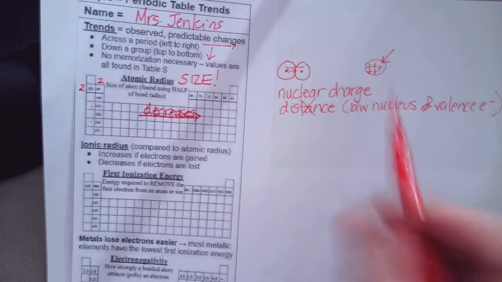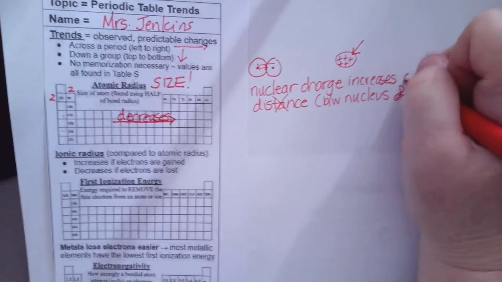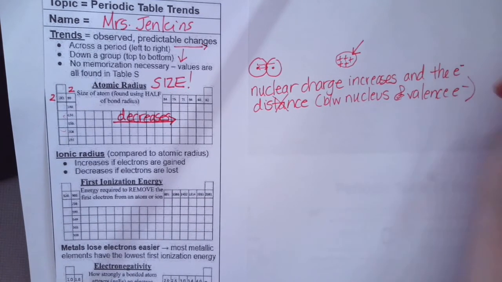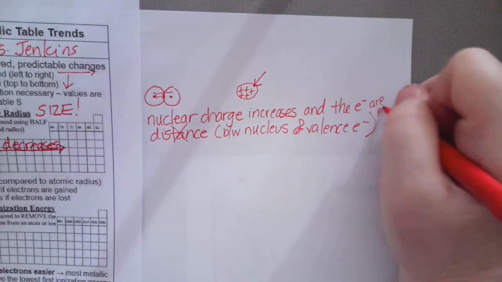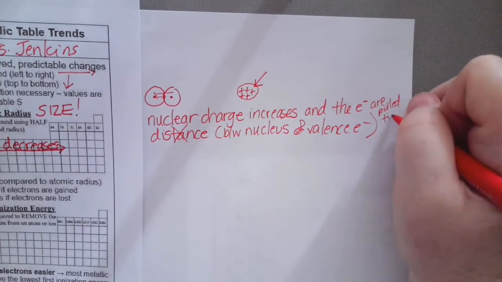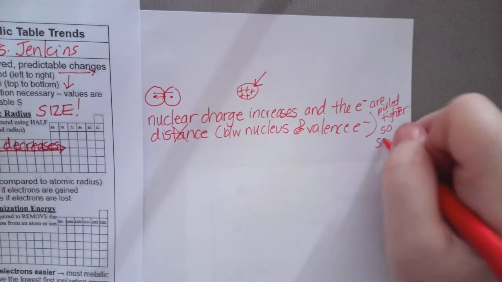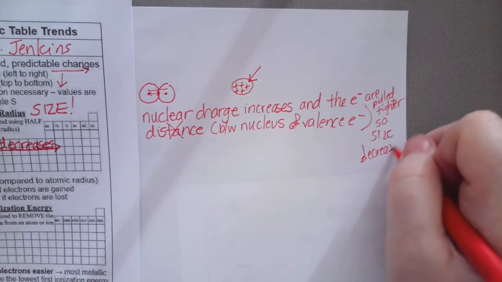Because the nuclear charge increases and the electrons are pulled tighter. So size decreases. All right, so that's across a period.